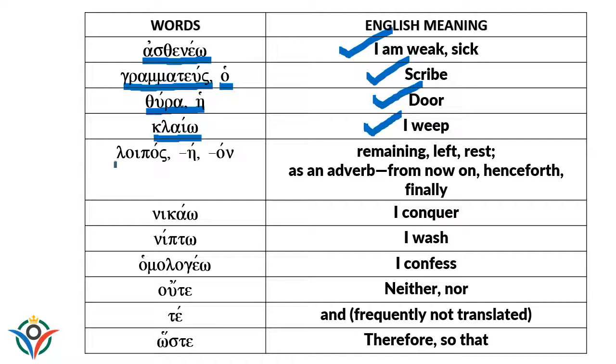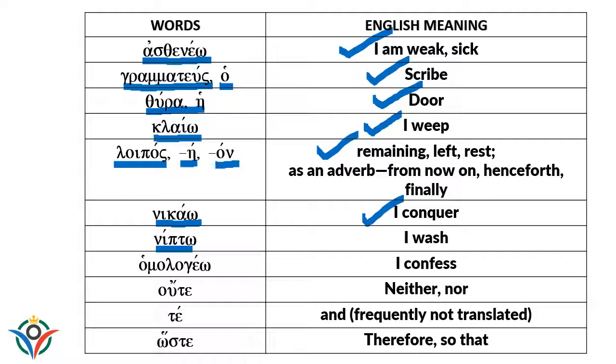Then we have loipos, loipe, loipon, which has a wide semantic range of possibilities. It can mean remaining, left, rest, and when it's functioning as an adverb, it can be translated as from now on, henceforth, or finally. Then we have nikao, which means I conquer.